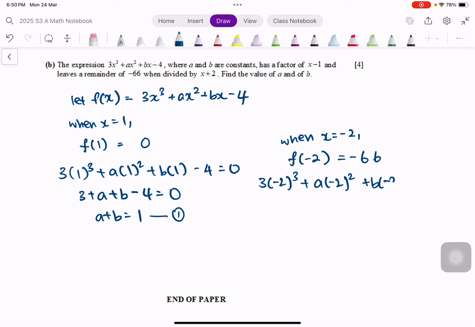Now notice, every time I substitute in x, I always put brackets around, like (-2). The reason is really simple. I don't want to get mixed up by the negative signs. Some of you will get mixed up by the negative sign, and then the answer all goes haywire. So I will get -24 plus 4a minus 2b minus 4.